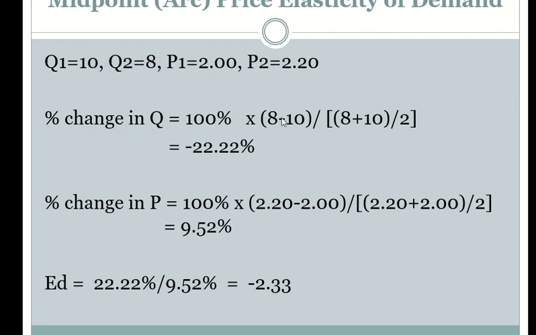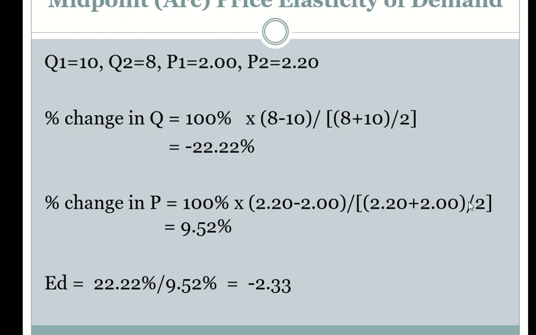So negative 2 divided by 9. Right? Then the percentage change in price using the midpoint method. So 100% multiplied by the difference divided by the average of the two prices. So you get 9.52%.